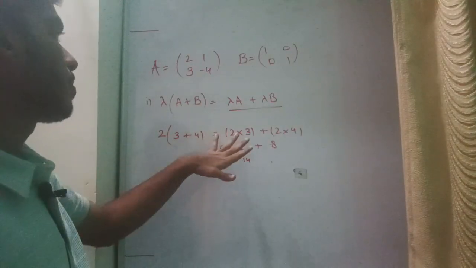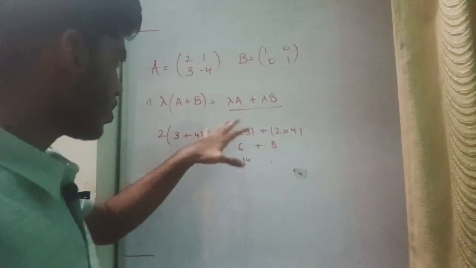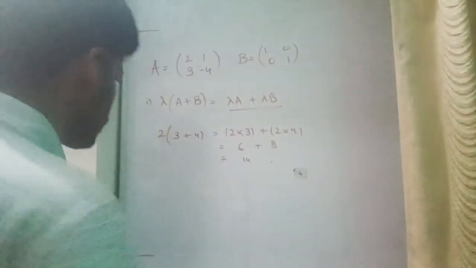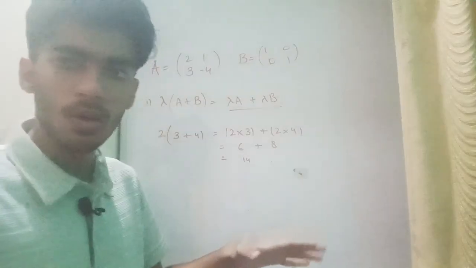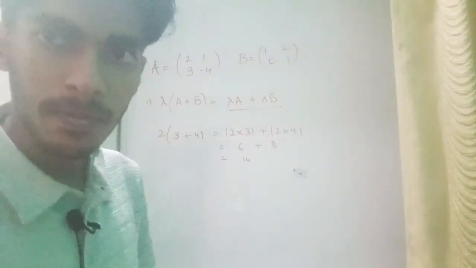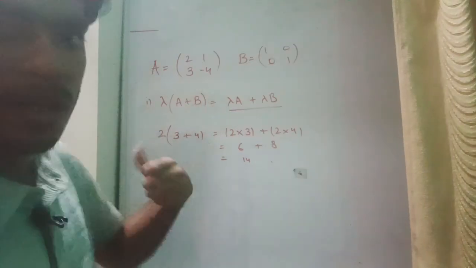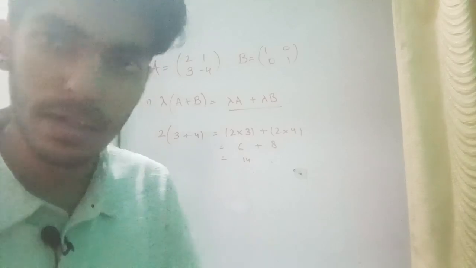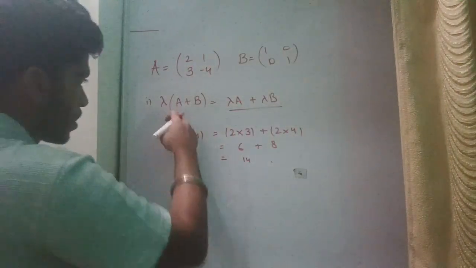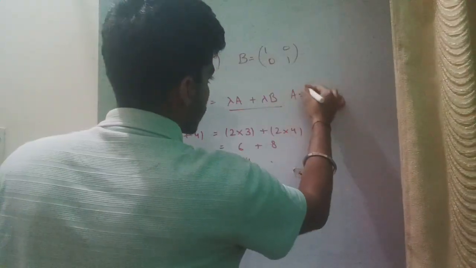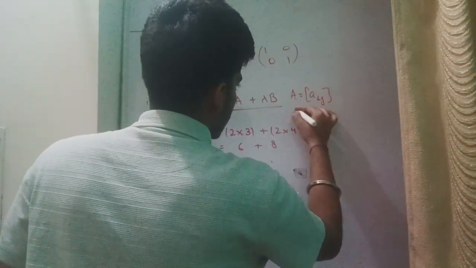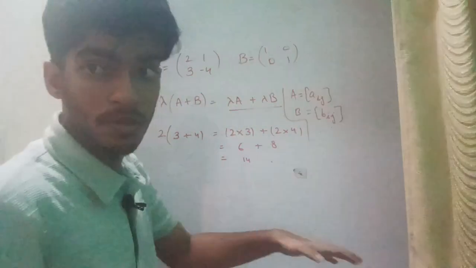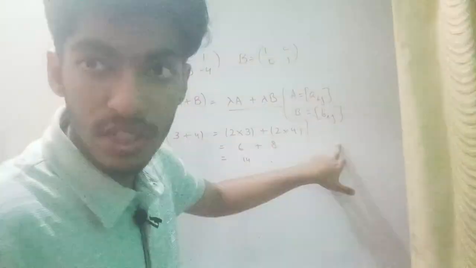I'm not going through the proof, I'm just giving you the simple idea of the properties of scalar multiplication. The proof is simple, and you can do it by yourself. It basically follows the same idea we used while proving commutativity and associativity of matrix addition, right? We take the matrix A and represent it as Aij, similarly B as Bij, where Bij represents the element of matrix B in the ith row and jth column.